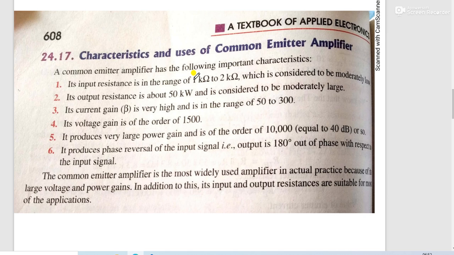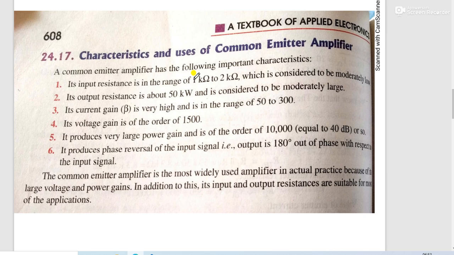Its current gain, that is the beta factor, is very high. Current gain, again the output to input ratio, ranges between 50 and 300. The voltage gain is of the order of 1500, which is quite high. It produces very large power gain, of the order of 40 dB or so.